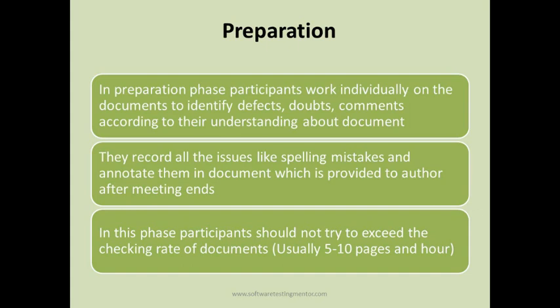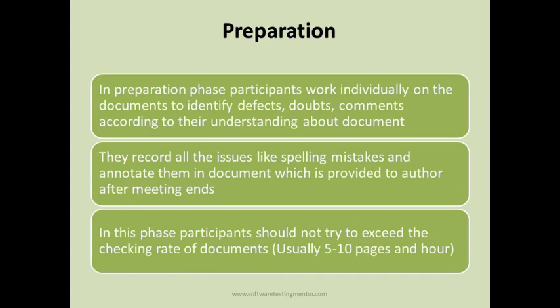If he tries to rush through the document, he won't be able to find many issues, because of his checking rate he won't be able to focus or think more about the issues in the document. So usually the checking rate is 5 to 10 pages an hour. Participants should not try to exceed this rate or whatever rate has been decided in the kickoff meeting.